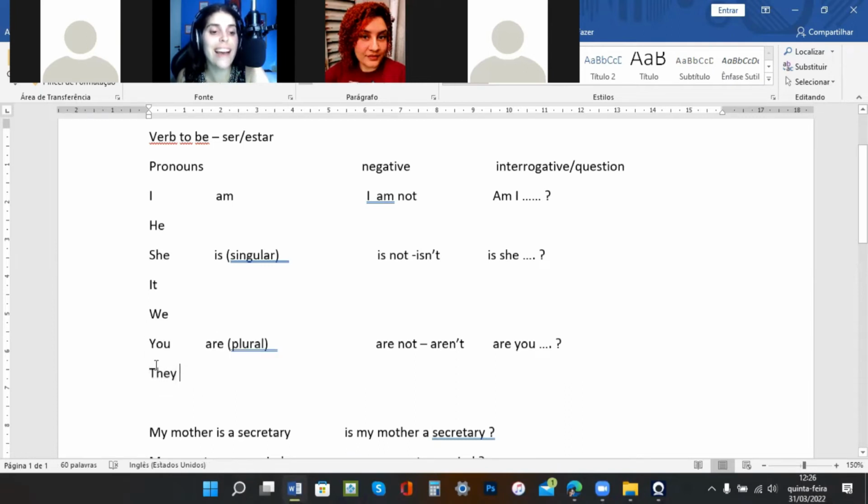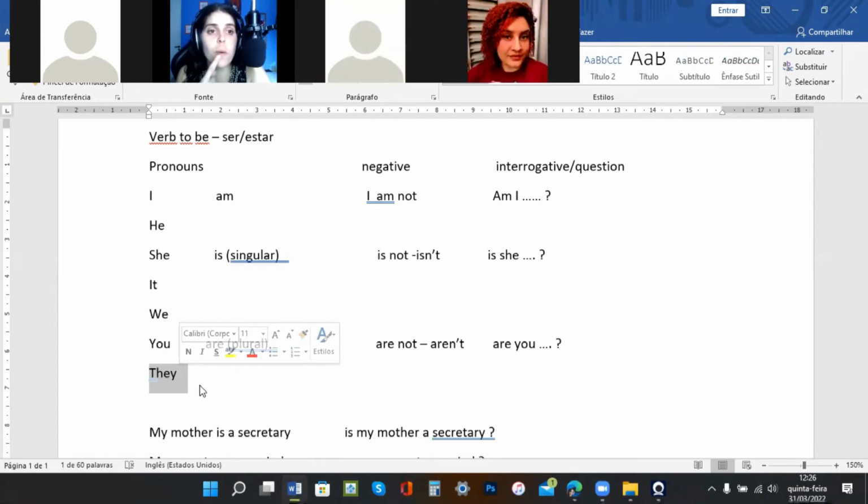They. Yeah, attention here to the pronunciation of this word. They. Vai. É assim mesmo, people. They. Vocês podem colocar mais ou menos a língua no meio do dente, tá?